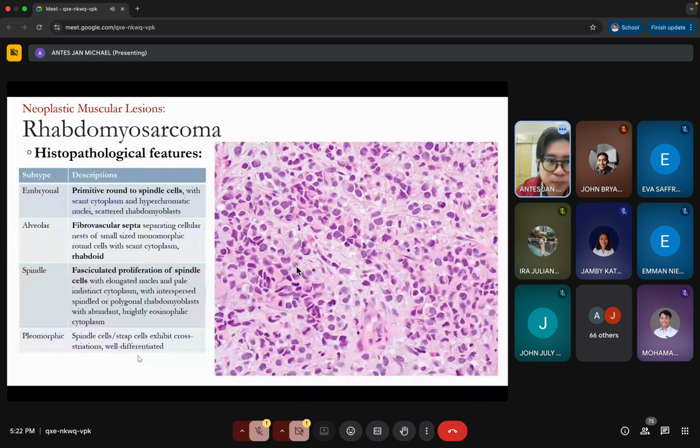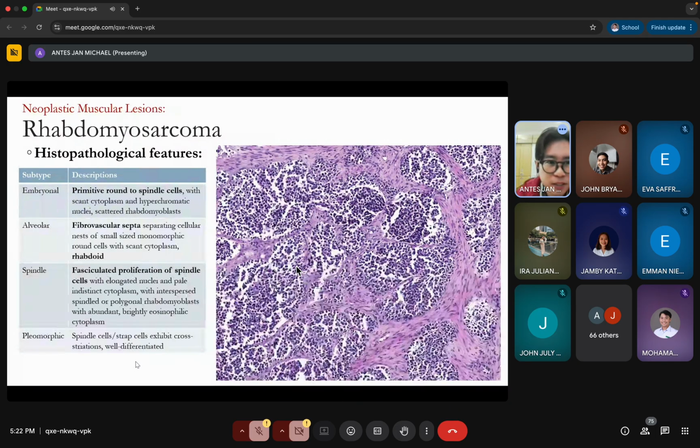This is also alveolar, in a high power objective. What you can see here is that there is a division. It divides all of those rhabdomyoblasts with the fibrovascular septa.